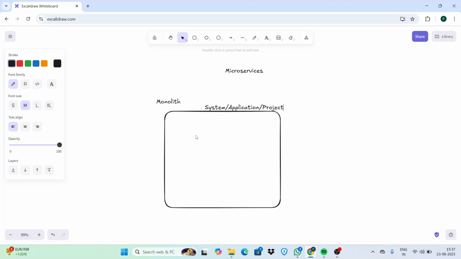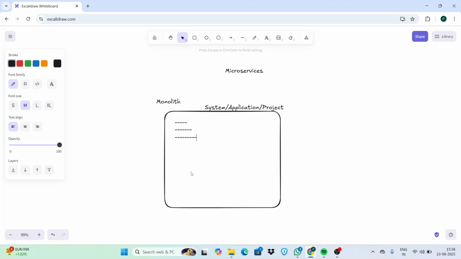The whole coding is done inside this one application, written into one big file.